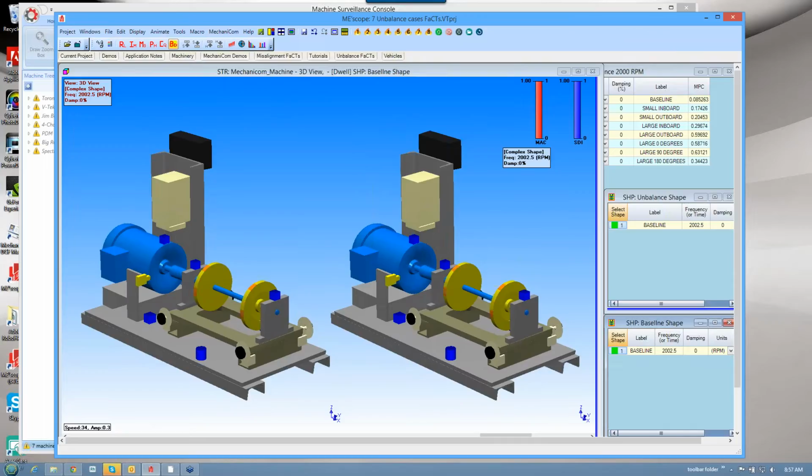So here you're looking at the project that I used last month. This is the 7 unbalanced cases. Let me just mention in the starting here that we are going to provide copies of the projects. We're going to look at 2 different ME Scope projects this morning, and also a couple of tech papers that explain what's going on here in ME Scope and in our console software.